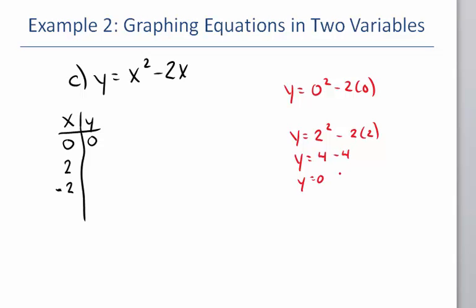So y is equal to 0 there as well. All right, and then let's try the negative 2. So we have negative 2 squared minus 2 times negative 2. Negative 2 squared is 4. Negative 2 times negative 2 is a positive 4. And so y is going to equal 8.